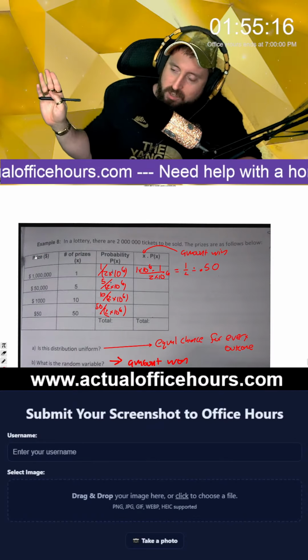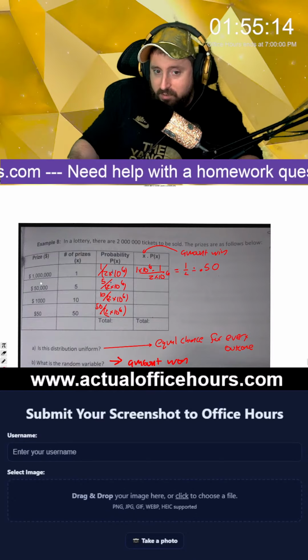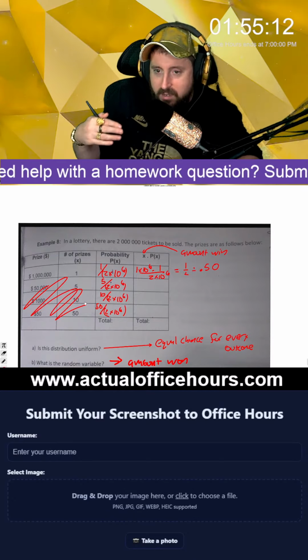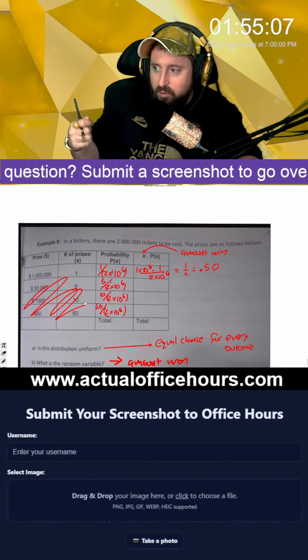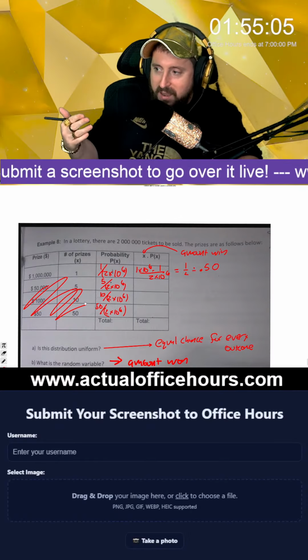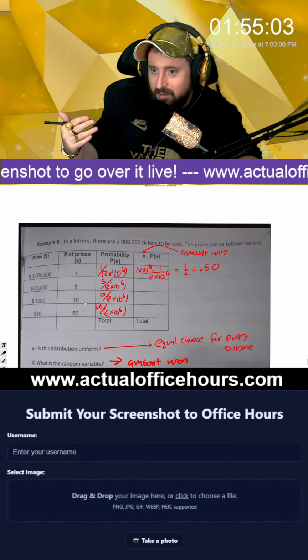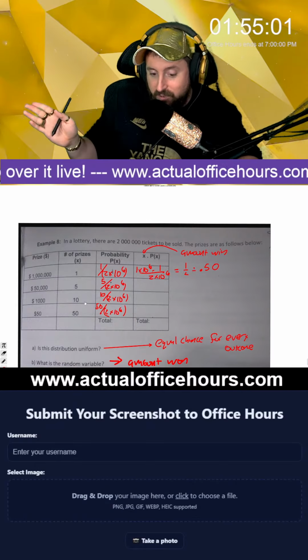So on average, let's say this was the only prize, and you played this game a lot. A lot of times you would not win, but you're expected to eventually win 50 cents. This isn't including the cost of you playing.